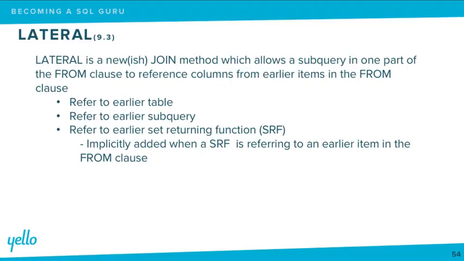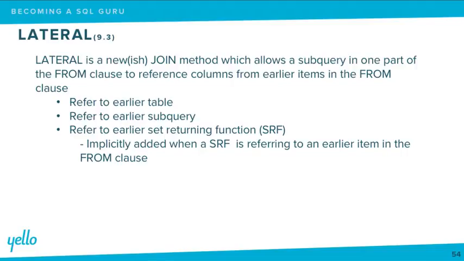Okay, I'm going to go through this pretty quickly, but lateral is a pretty new-ish join type within Postgres. It got added in 9.4. Basically, what it allows you to do is it allows you to have a subquery within your join criteria that references your outer query.